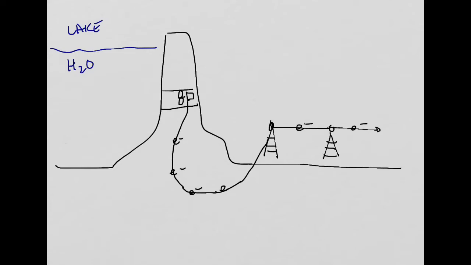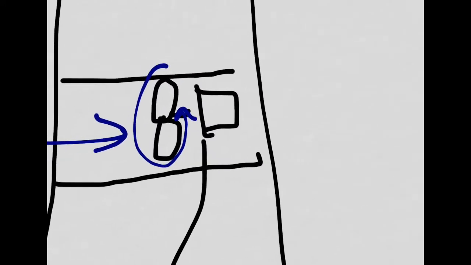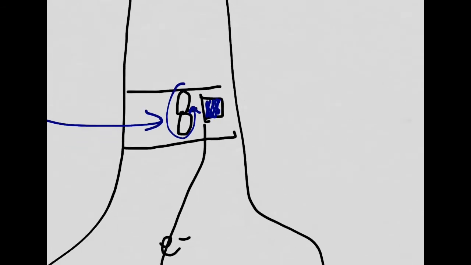Now, the way this works is that you need to have the water flow through this tunnel, thereby spinning this turbine here. Alright, so let me just unlock this so we can get closer in here. That turbine spinning, which is again attached to this generator here, is what causes the flow of electrons.